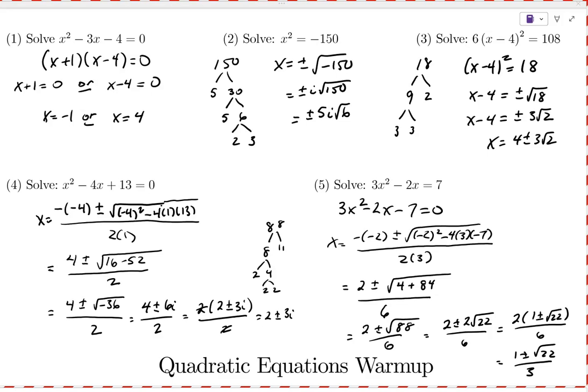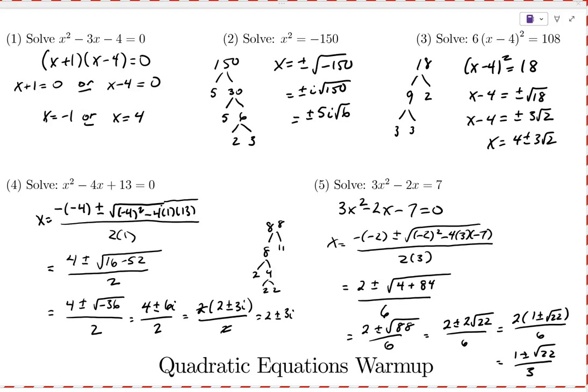Yeah, that's all right. The last 2 both involve quadratic formula, so they're both almost the same. The only thing that's a little bit different in number 5, remember, it doesn't matter if you're factoring or using quadratic formula, you always have to set it equal to 0 to be able to do either of them, okay?